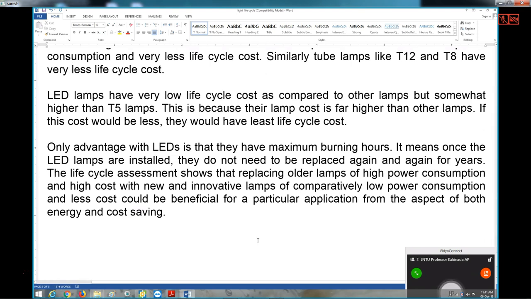Almost all houses switch on the lamps from 6 p.m. to 11 p.m. or 10 p.m. These are mandatory for all houses. Because of this reason, we have included the concept of life cycle costing analysis of lights.